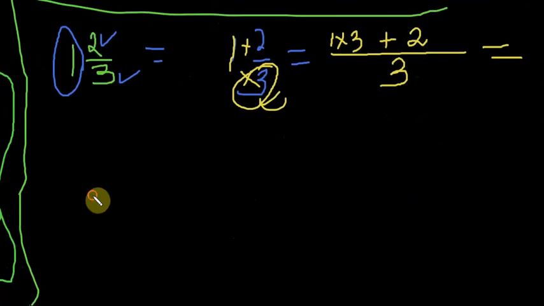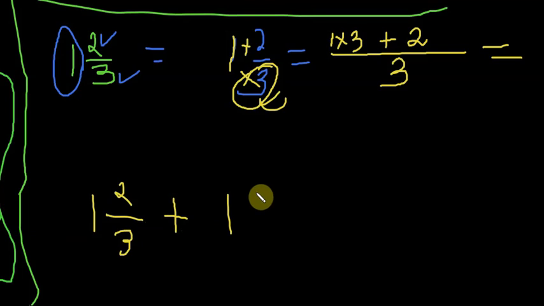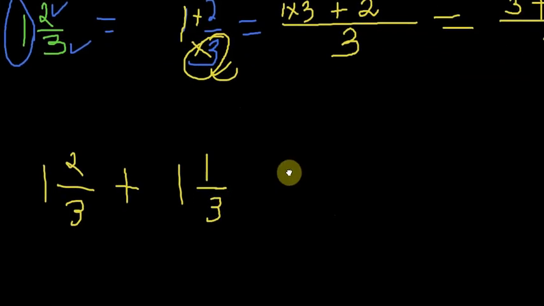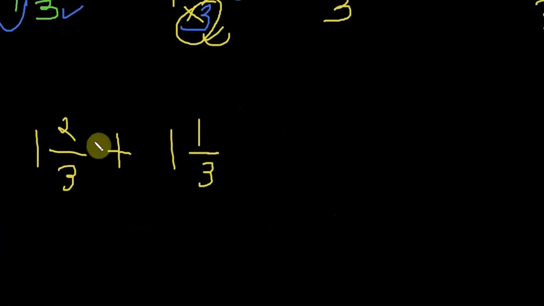So let's add 1 and 2 over 3 plus, we'll add and subtract, okay, plus, let's say, 1 and 1 over 3. So we look at them like, how do you add? What do you do with these numbers in front, the whole numbers?